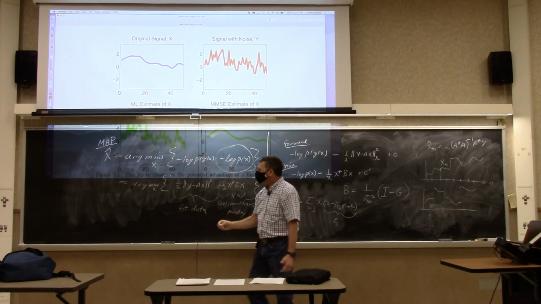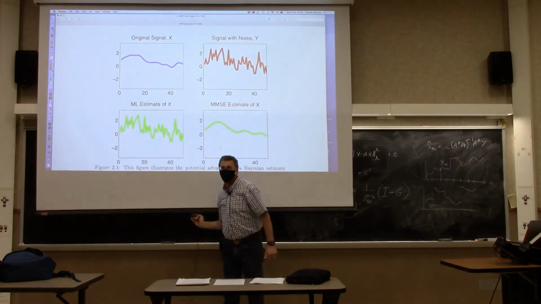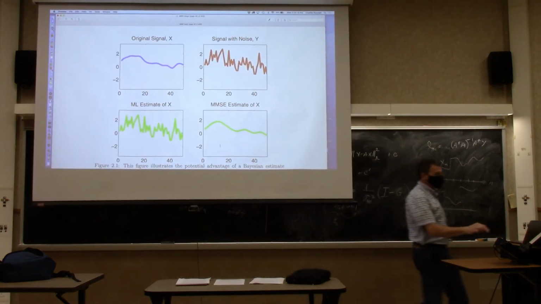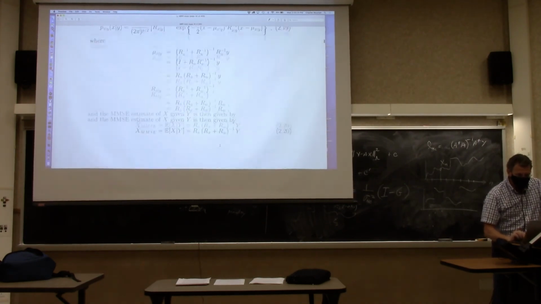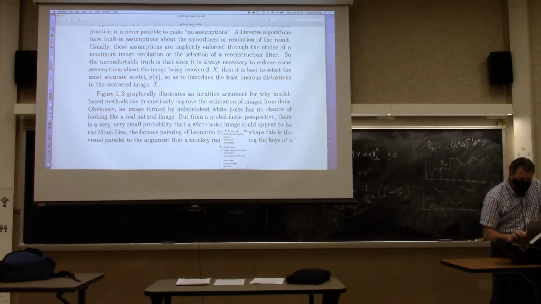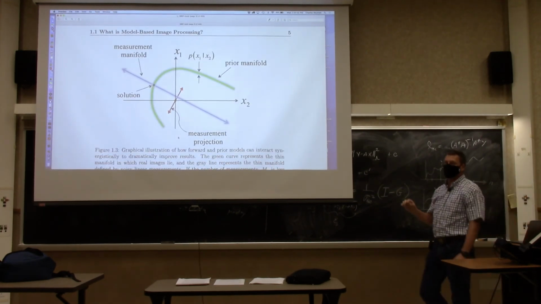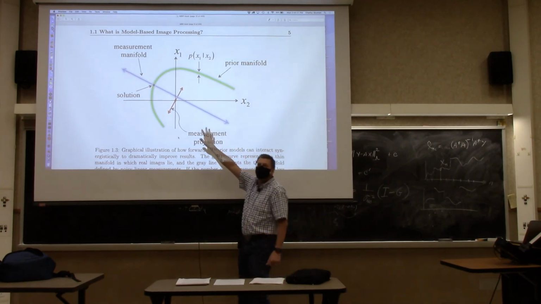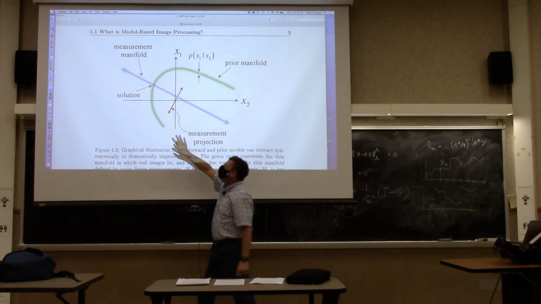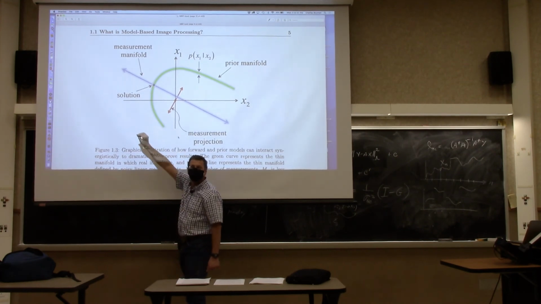Since I have you here, and I have to let you go now, because I'm really running over, I'll show you one more picture, because this is part of my brainwashing strategy. It basically says most of the space is empty.